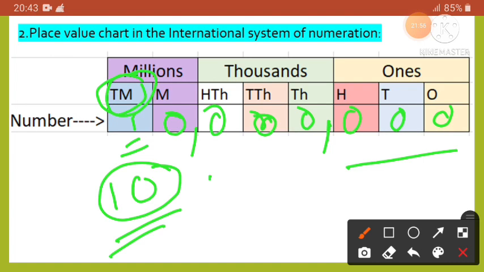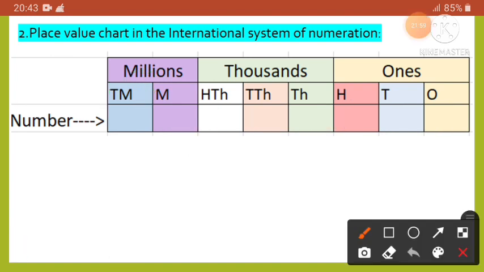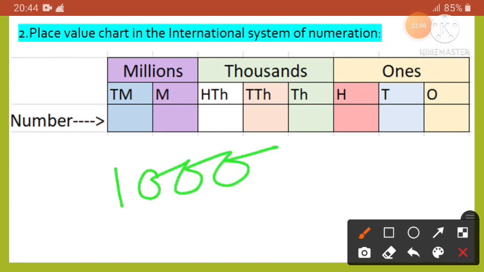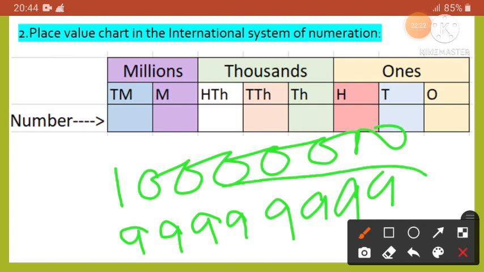Now we will be learning about the largest 8-digit number. The smallest 8-digit number is 1 and then 7 zeros, and the largest 8-digit number will be 8 nines.